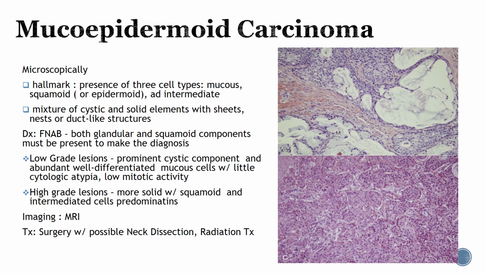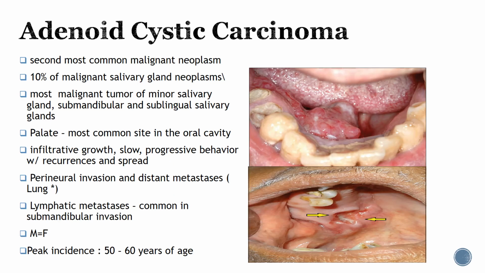In general, low-grade lesions have a prominent cystic component and abundant well-differentiated mucous cells with little cytologic atypia and low mitotic activity. High-grade lesions are more solid, with squamoid and intermediate cells dominating. MRI is superior to CT scan, and treatment is surgery with possible neck dissection and radiation therapy.